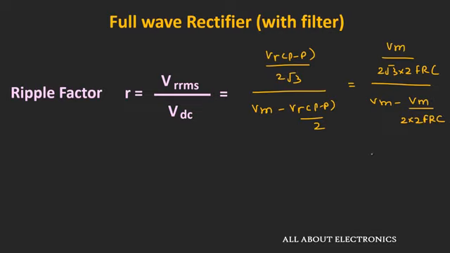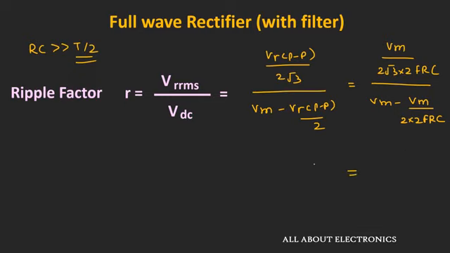Now, like we had discussed for the half wave rectifier, here the RC time constant of this filter is much larger than T by 2 time period.